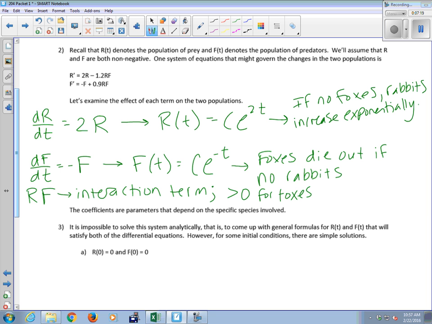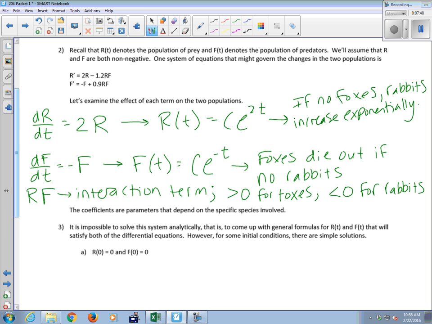Because it's good for foxes to interact with rabbits, bad for rabbits to interact with foxes. I'm talking about the RF term. It's positive for the fox equation, negative for the rabbit equation.